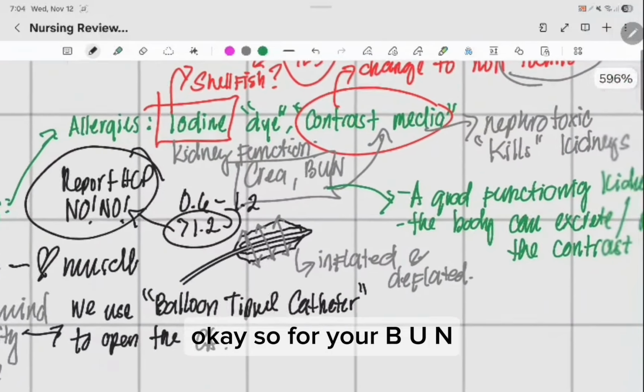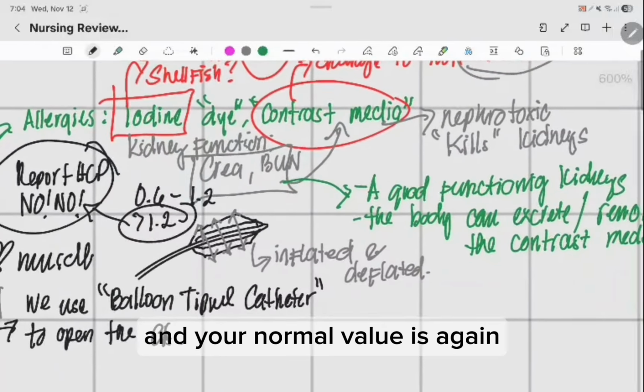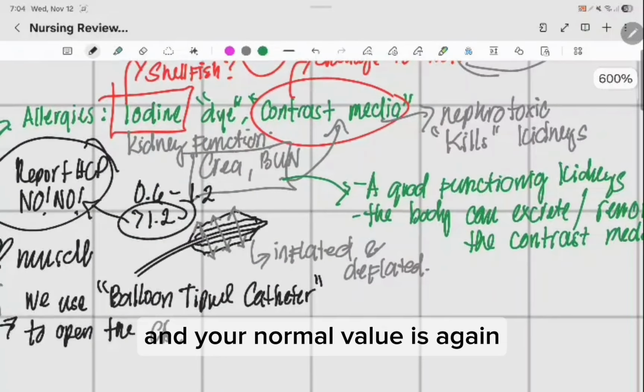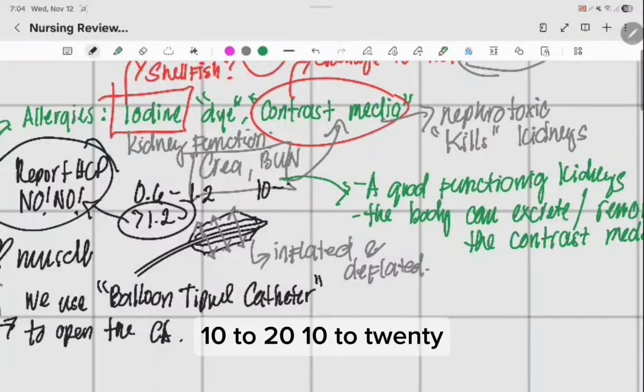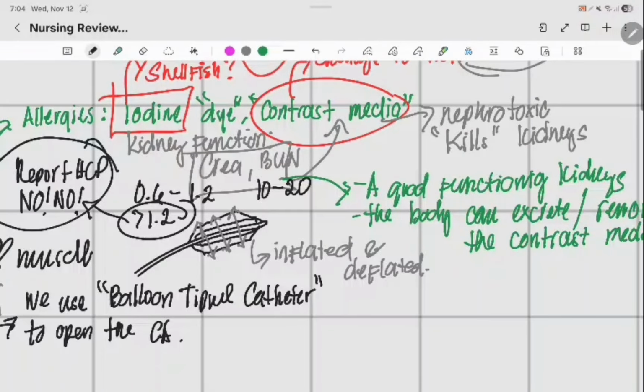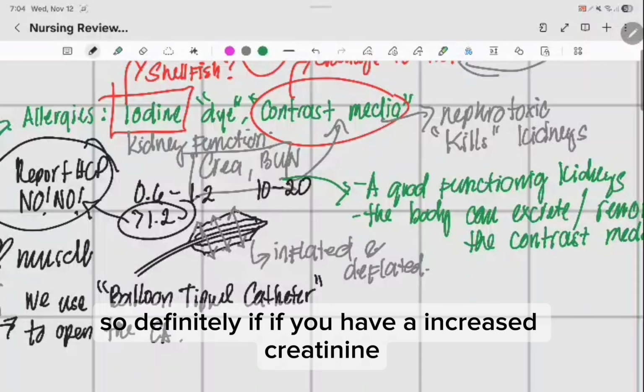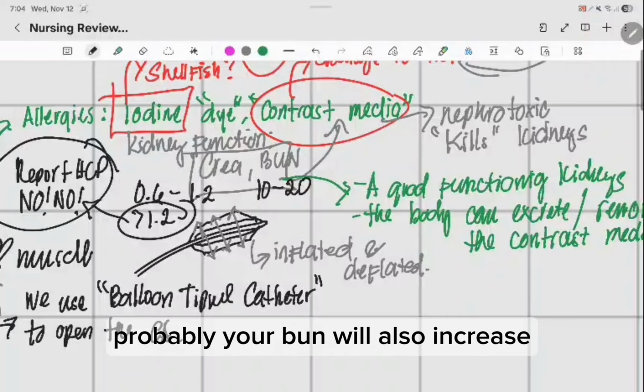For your BUN, your normal value is 10 to 20. So definitely if you have an increased creatinine, probably your BUN will also increase.